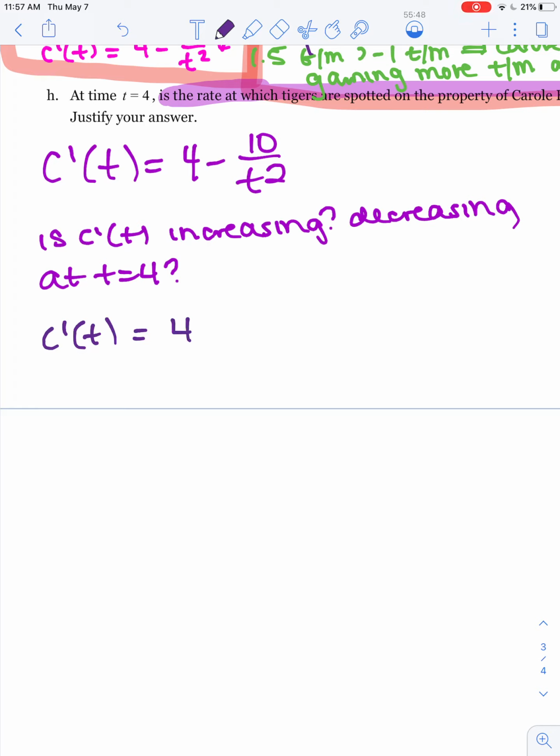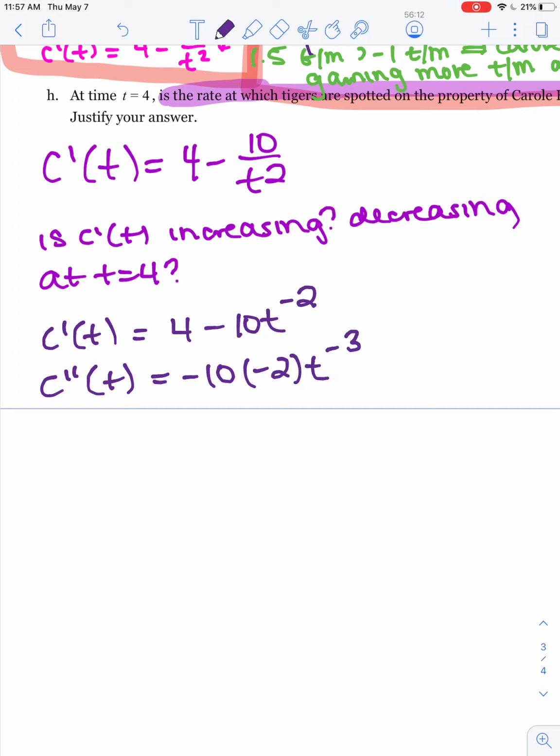C prime of t is the same thing as 4 minus 10 times t to the negative 2. When I take the derivative, I'm going to utilize the power rule. So the derivative of 4 is 0. Then when I take the derivative of negative 10 t to the negative 2, I'm going to leave my coefficient, drop my exponent, and then decrease my exponent.